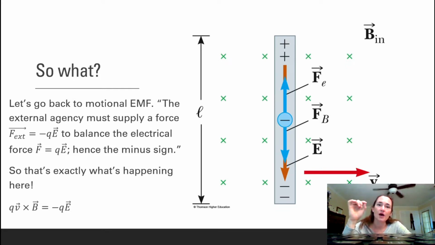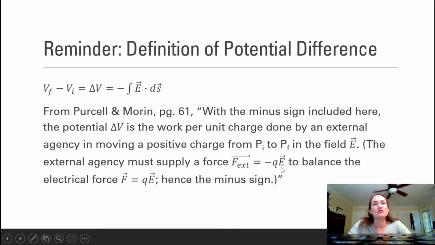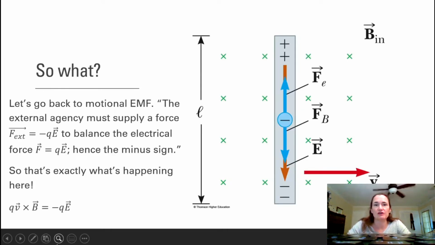So when Purcell and Morin said on the previous slide that you need a force, F external, equal to minus QE to balance the electrical force, hence the minus sign. Okay, well, our induced motional EMF there, that's the minus sign. And so they're related to each other via that minus sign, the EMF and the potential difference, okay?